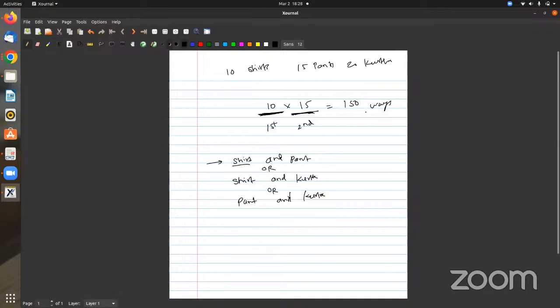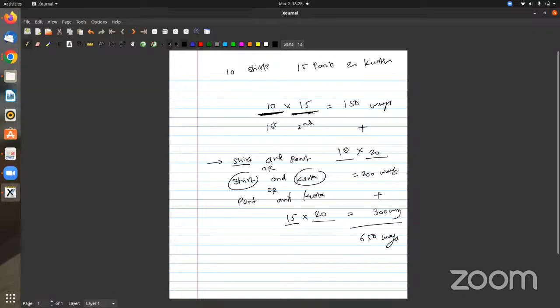Similarly, for shirt and kurta: 10 ways to select a shirt and 20 ways to select a kurta, so total 200 ways. For pant and kurta: 15 ways to select a pant and 20 ways to select a kurta, so 300 ways. So the total ways are 150 or 200 or 300. So it's a total of 650 ways.